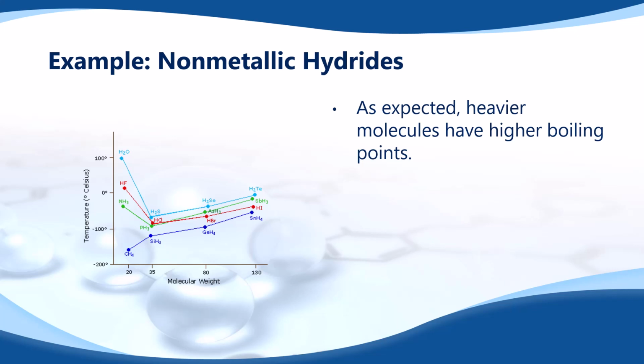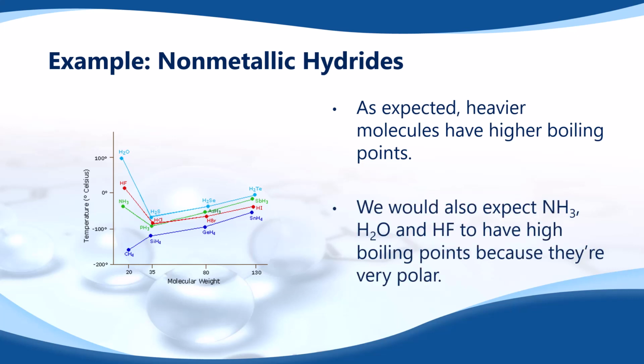It has the highest boiling point of the ones that aren't H2O, HF, and NH3, because it has the most dispersion. Also, because H2O, HF, and NH3 are polar, their dipole-dipole force causes an additional attraction, which means the boiling point should be very high because they're very, very polar molecules.